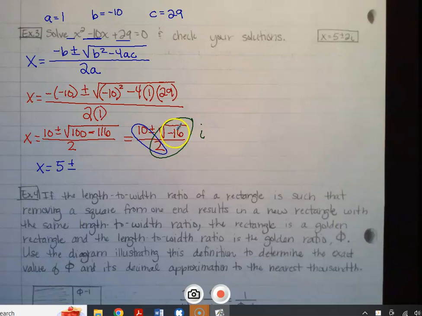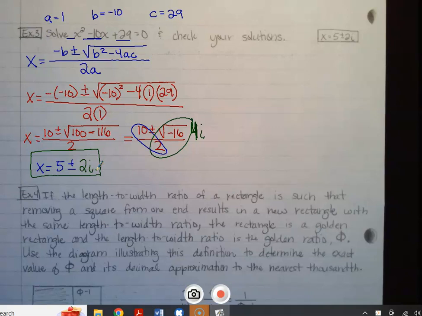The square root of 16 is 4, so this is 4i. 4i divided by 2 is 2i. So 5 plus or minus 2i is what we're looking at.